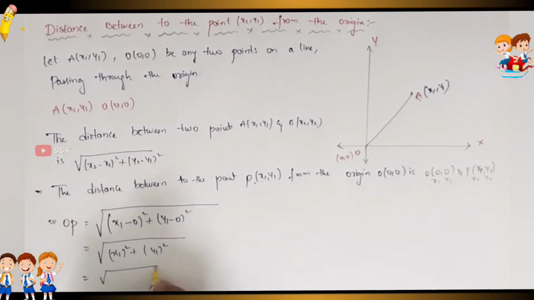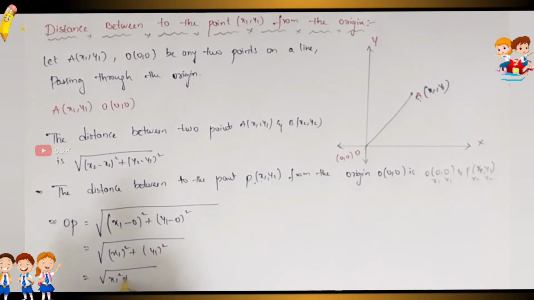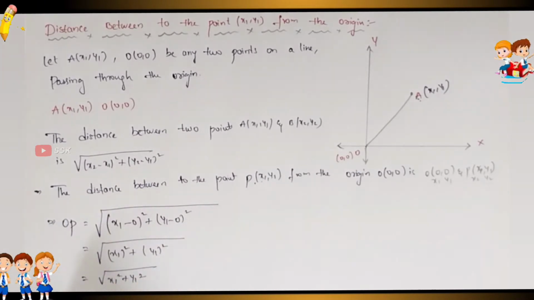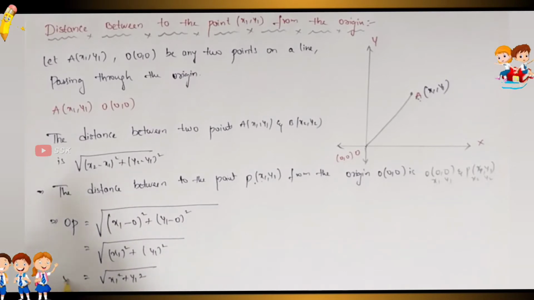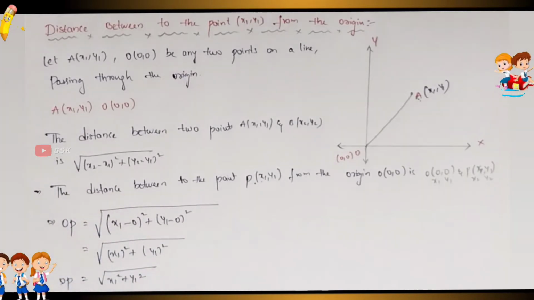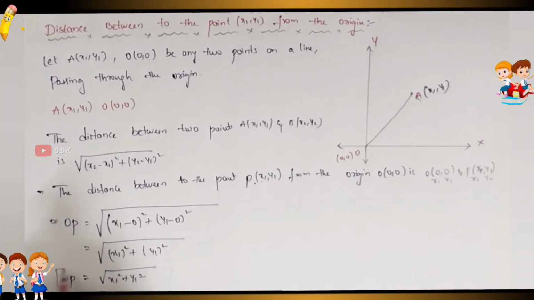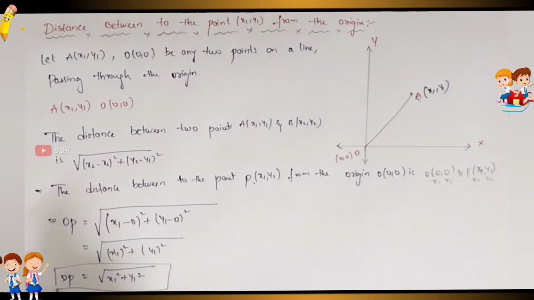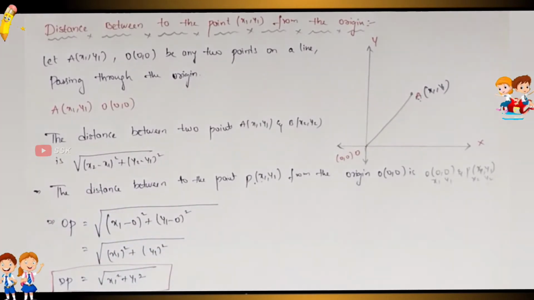So you can write it as x1 square plus y1 square. The OP value is square root of x1 square plus y1 square.